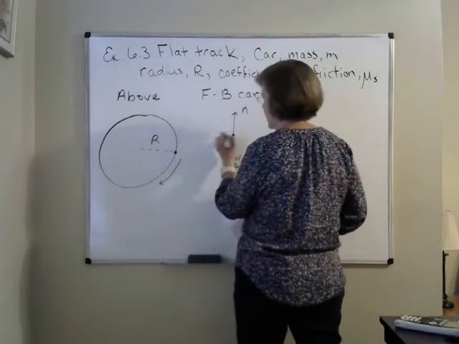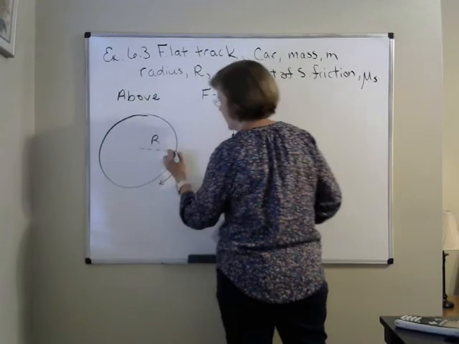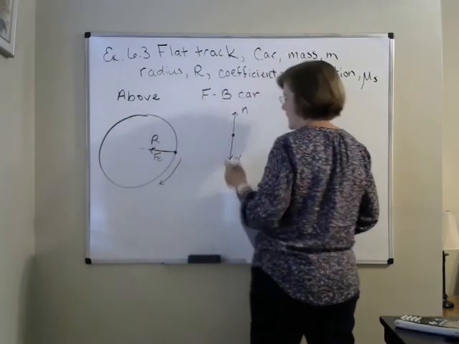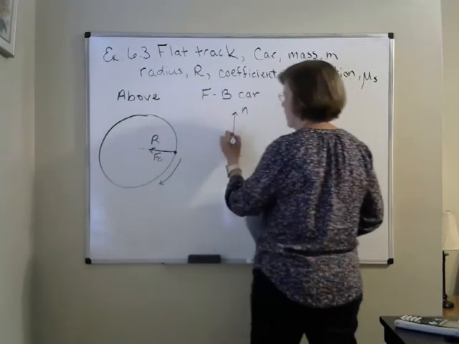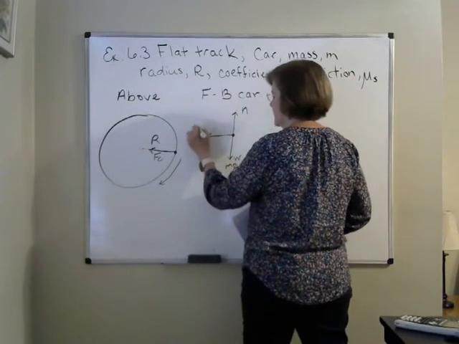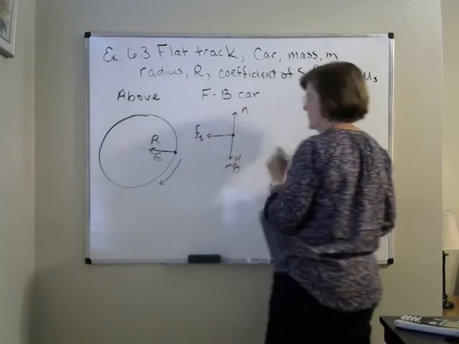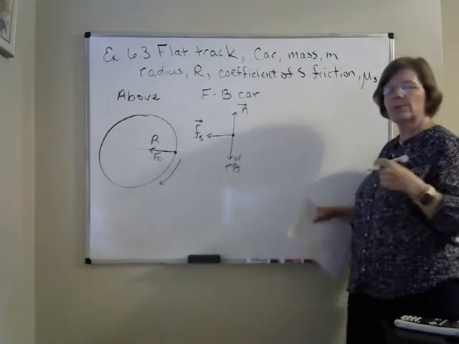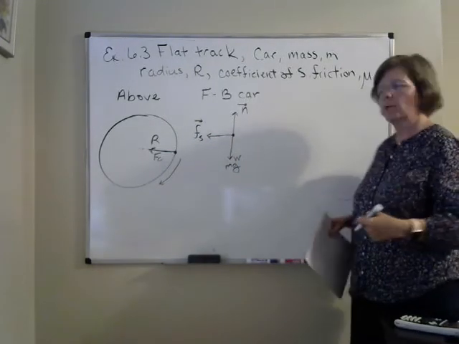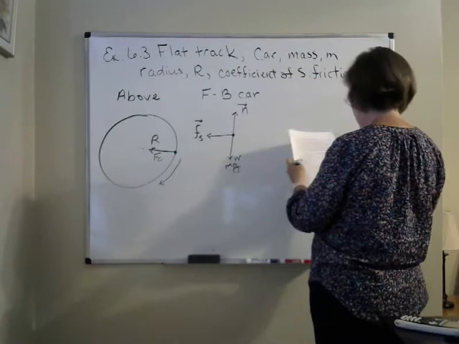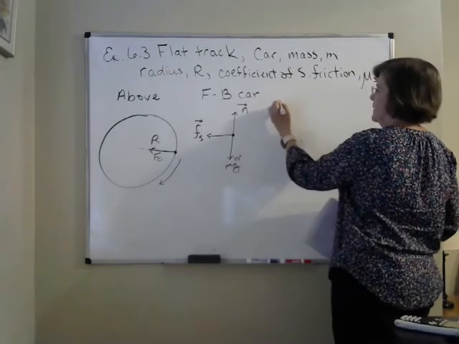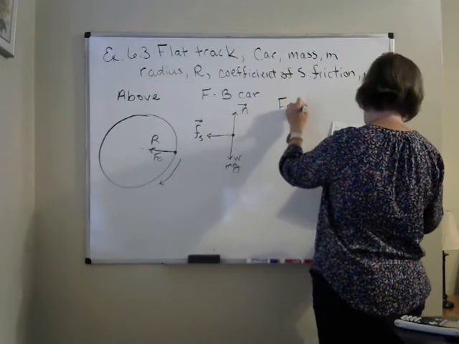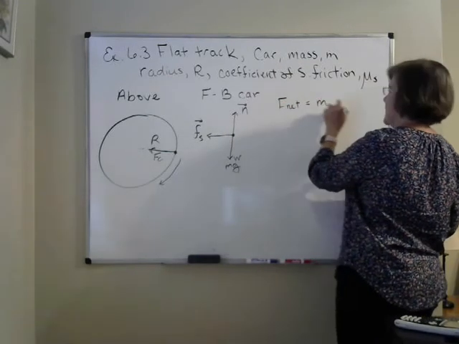The force that keeps it moving towards the center, this would be that centripetal force, happens to be the force of static friction. Static friction provides the centripetal force. So if we want to write an equation, we generally think that the net force is equal to the mass times the acceleration.